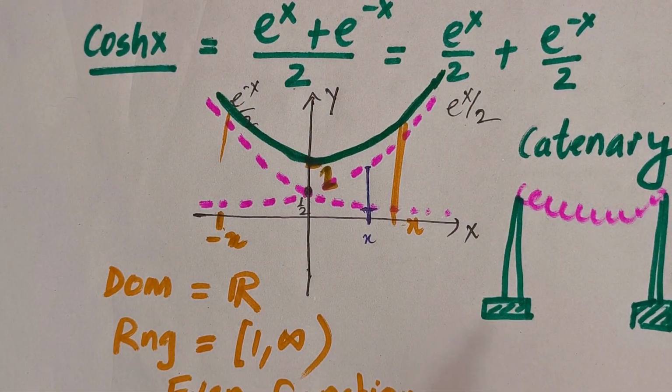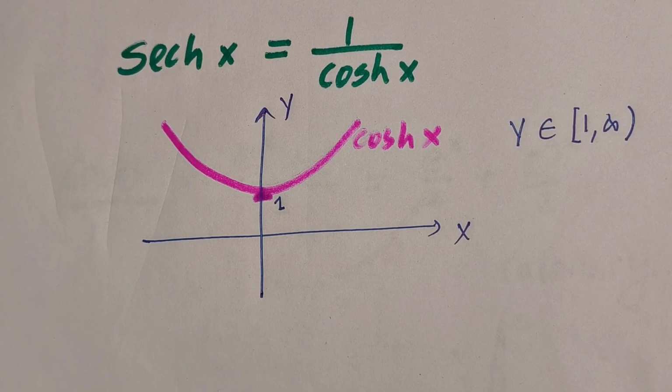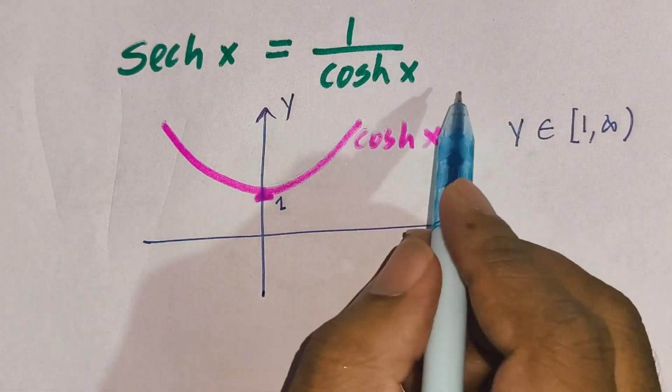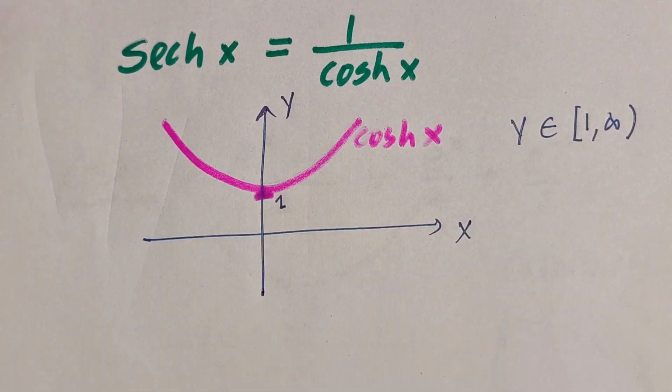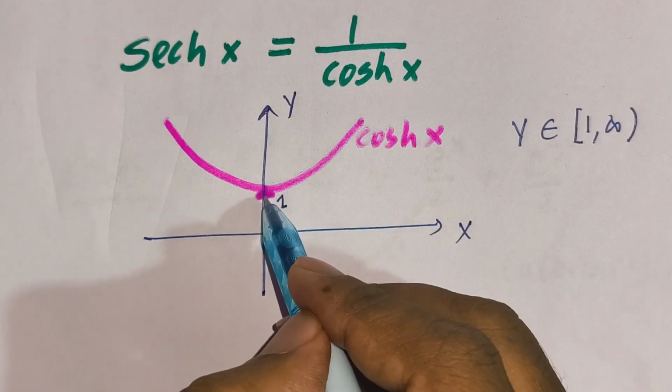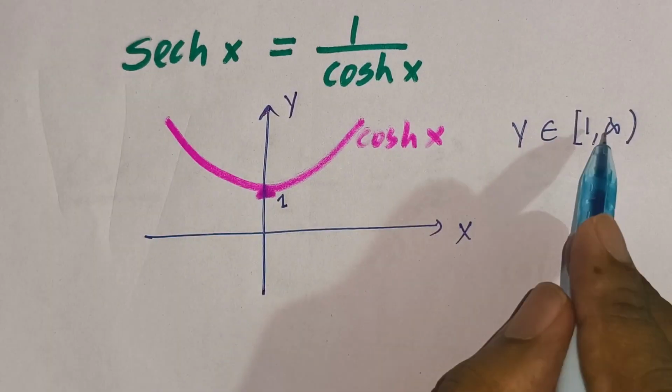After plotting hyperbolic cosine, it will be easy to plot hyperbolic secant because it is just the reciprocal of hyperbolic cosine. See, hyperbolic cosine takes the value between 1 and infinity. The heights are bigger than 1 and it goes up to infinity.